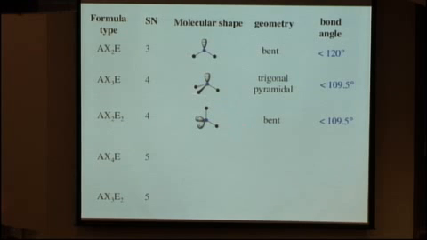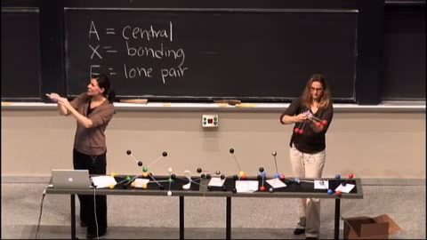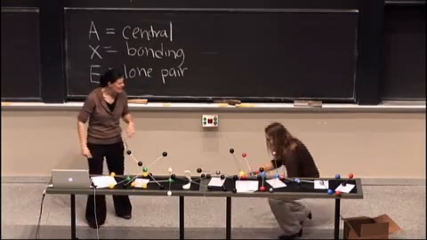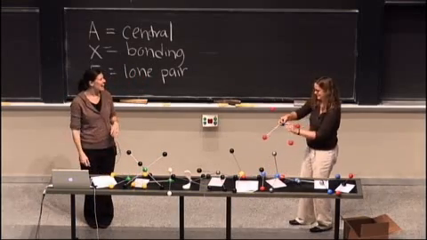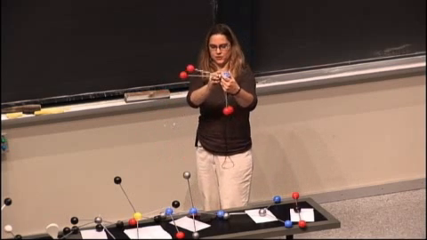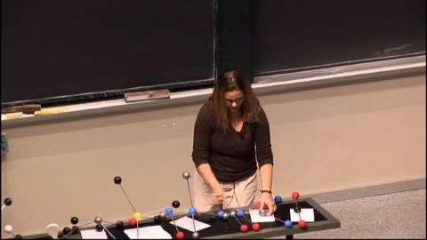But now we have 2 lone pairs here. So now what we're going to see is that the 2 bents are not, in fact, equal. The bent where you started with a tetrahedral shape is going to be less than 109.5. And Professor Drennan can maybe show us that with the models here. It's a little hard to see between the 2, but I think it's easier to see on this.